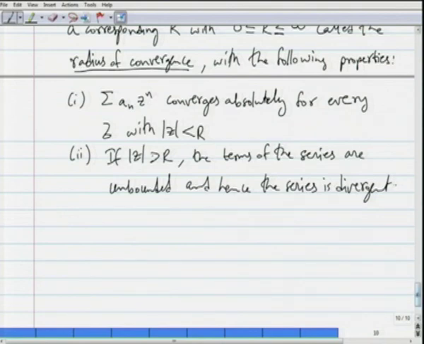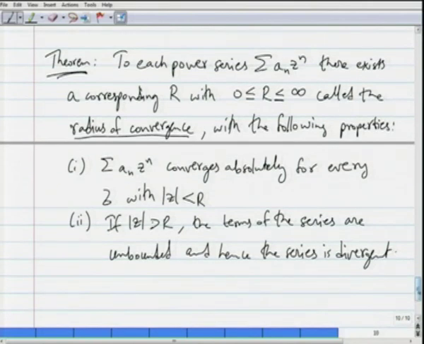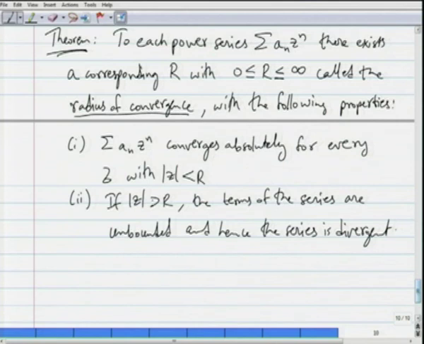So, this theorem is stating that the behavior exhibited by the geometric series is typical. It is telling us that, not necessarily the unit disk, but there is a disk centered at 0 for the power series centered at 0, inside of which the power series converges absolutely, and outside of which the power series diverges.